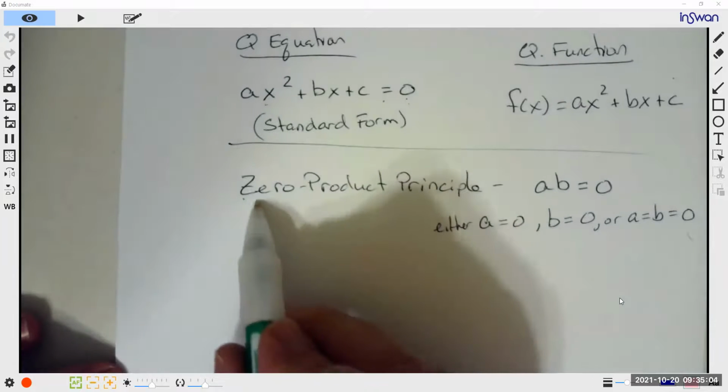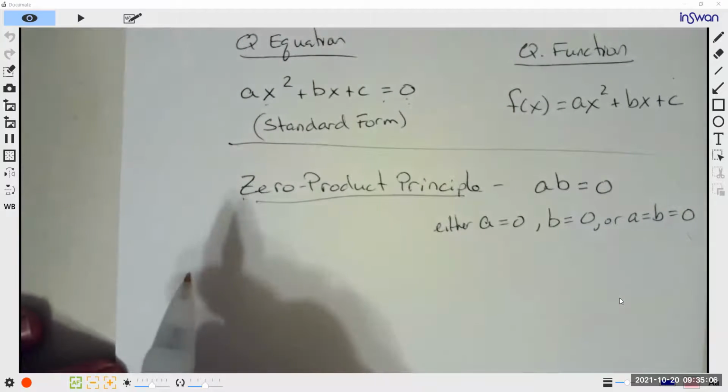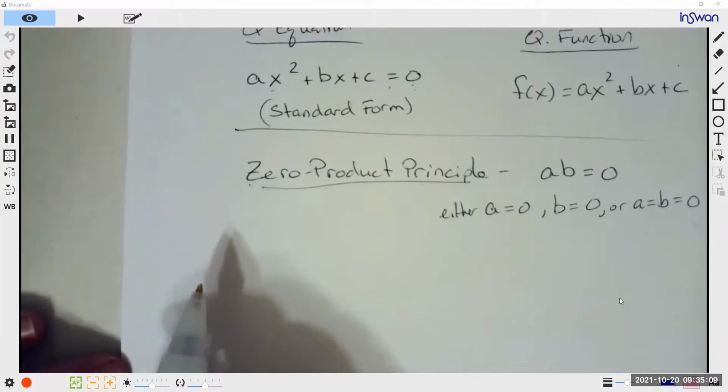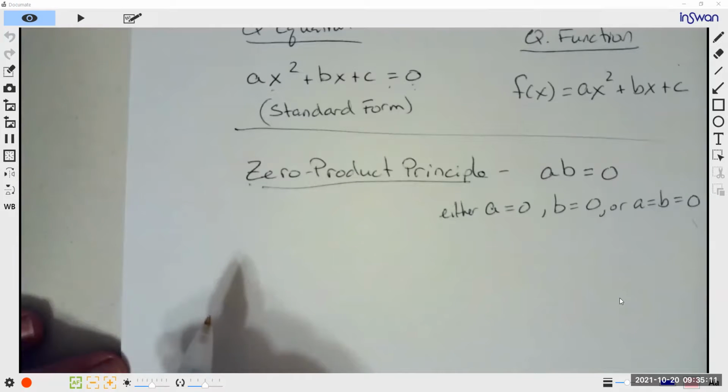Right, so we'll be using this to solve all our quadratic equations.